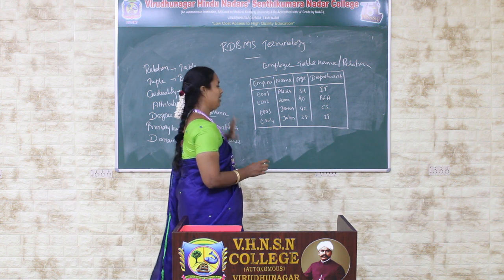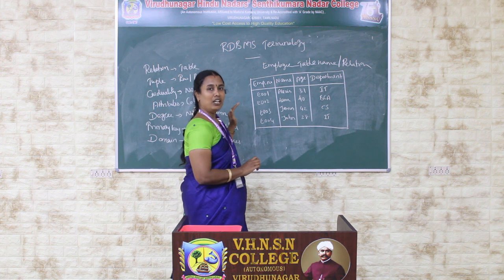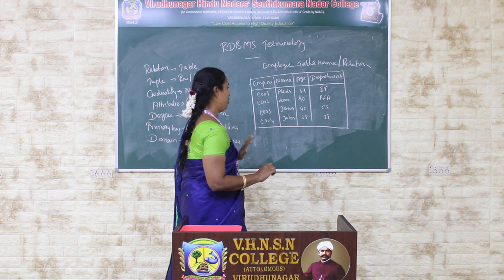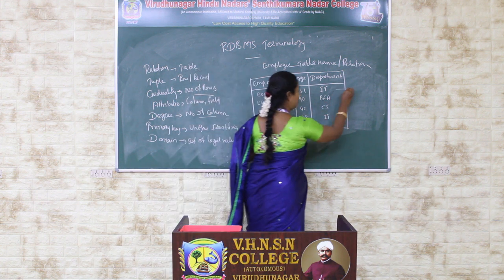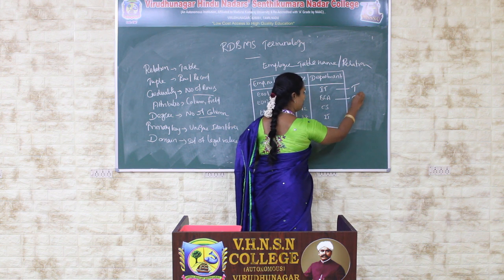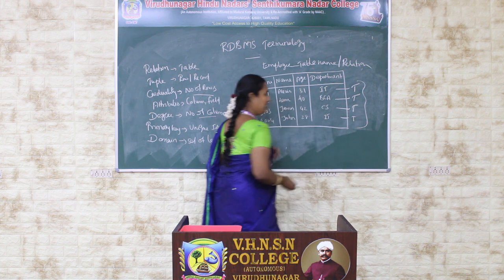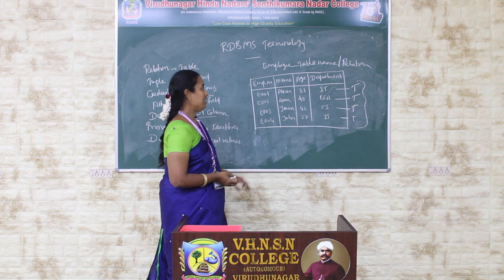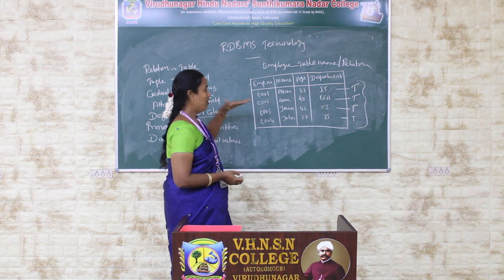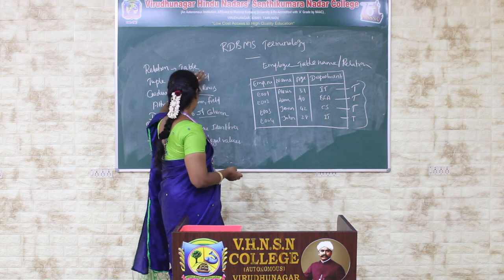Then what is the tuple? Tuple, as I mentioned, is a row or a record. In the table, this is one tuple, this is also one tuple, this is also one tuple. So these are the tuples. Tuples are rows or records in a particular table. That can be called the tuple.